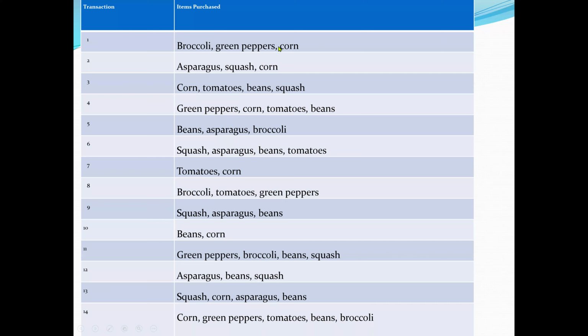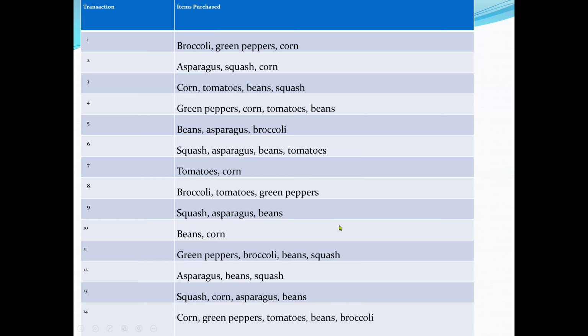So we are going to look for squash and beans: 1 is customer 2, and 2 for customer 6, and we have 3, customer 9, 4, customer 11, 5, customer 12, and squash and beans 6, customer 13. So 6 transactions have both squash and beans, but the total transactions is 14.